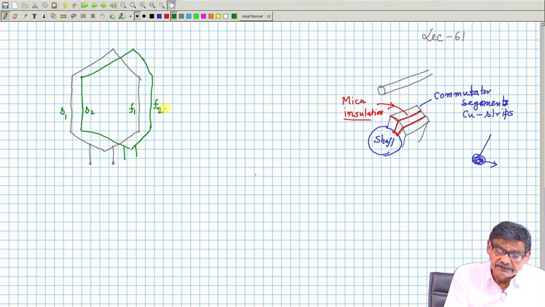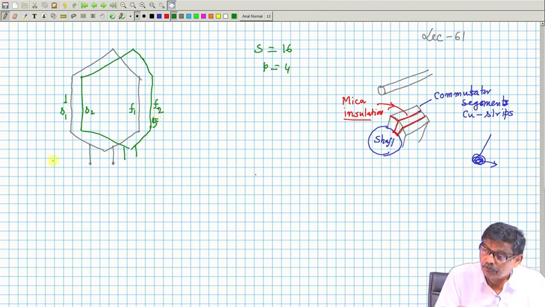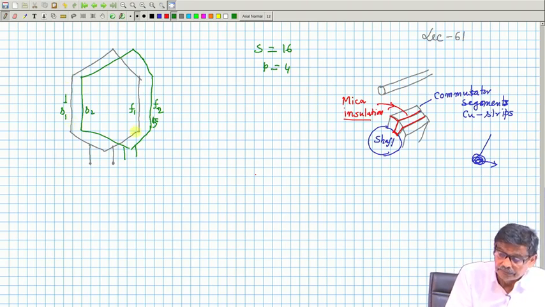In terms of slot number, it will be in slot number 1. If S equals 16 and P equals 4, then F2 should be in slot number 5 dashed, that is 1 plus 4 slots, for the first coil.